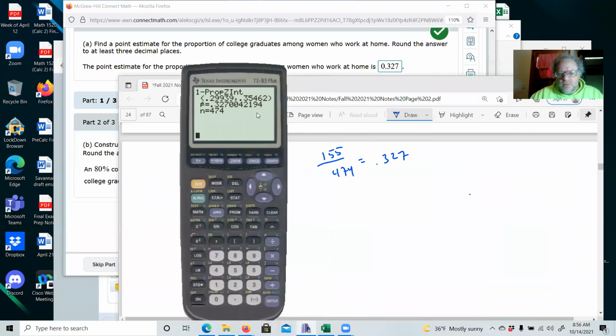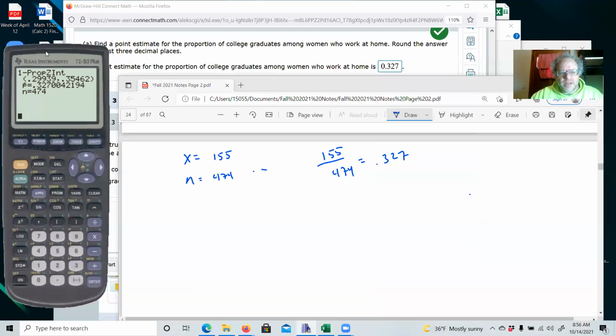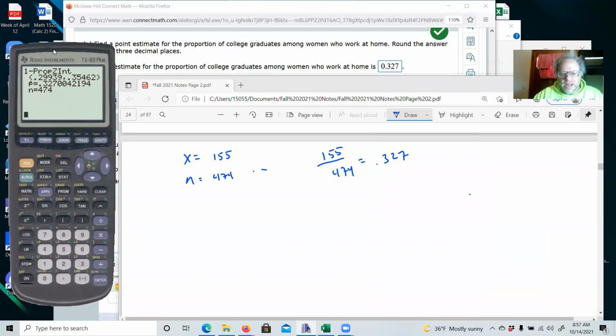Then we just calculate. So what did we get? We got 0.2993 and 0.35462. They said 3 decimal places, so this 3 doesn't contribute, so this is going to be 0.299.